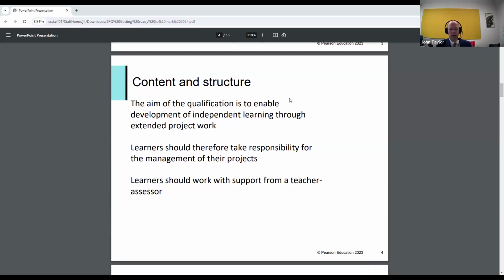I think it's important as well that we understand that the project qualification is designed to enable and assess the development of skills in independent learning. It's all about handing over responsibility for learning to the learner. So we expect to see in most projects that they take responsibility for the management of their project.